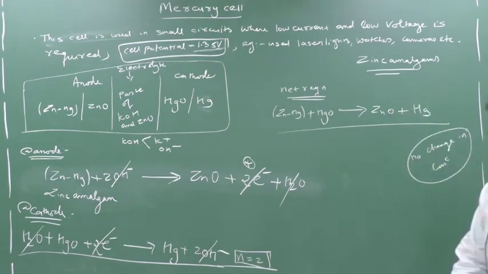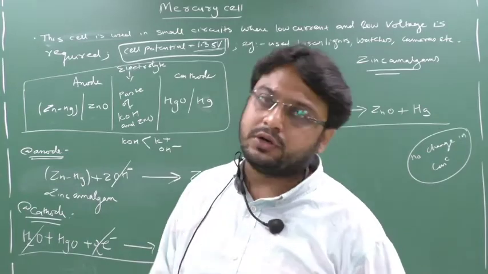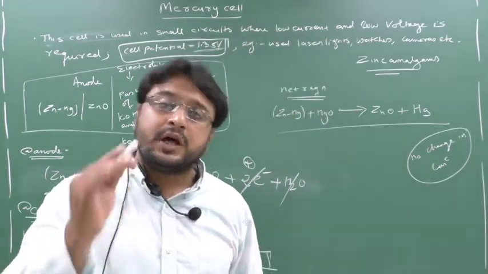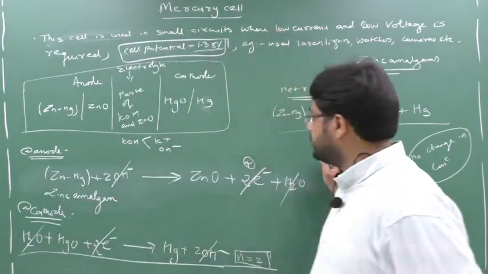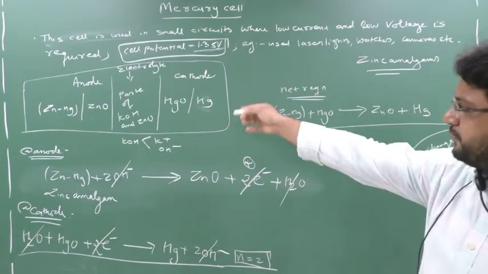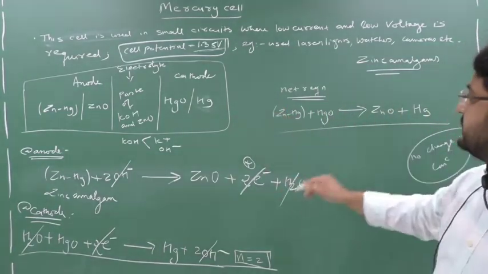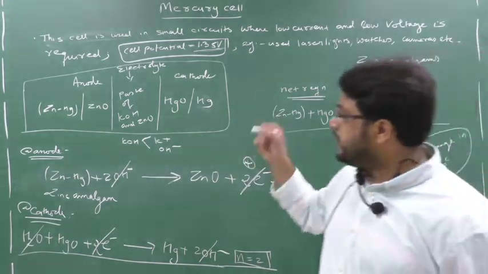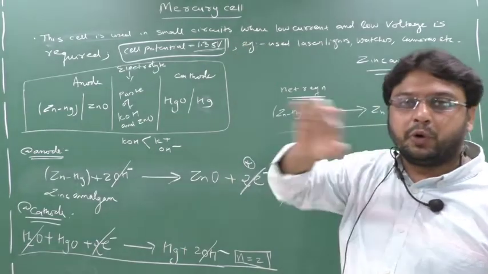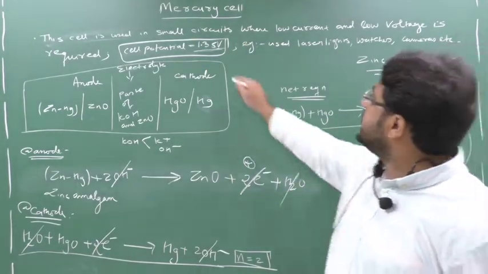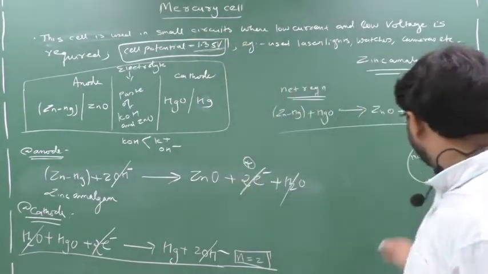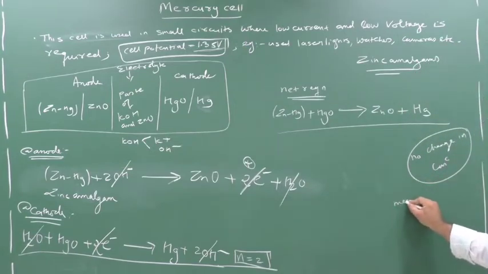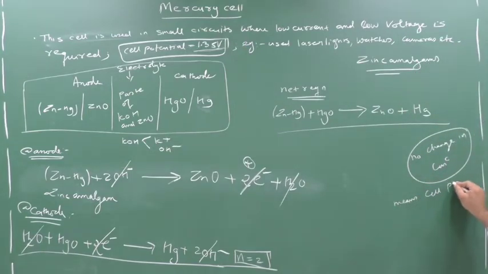When there is no formation of ions, there will be no change in the concentration of the cell during usage. There will be no change in the concentration of all these products and reactants during the cell's use. Means from when you start the battery till it is completely exhausted, the cell potential remains constant. So no change in concentration means cell potential remains constant.